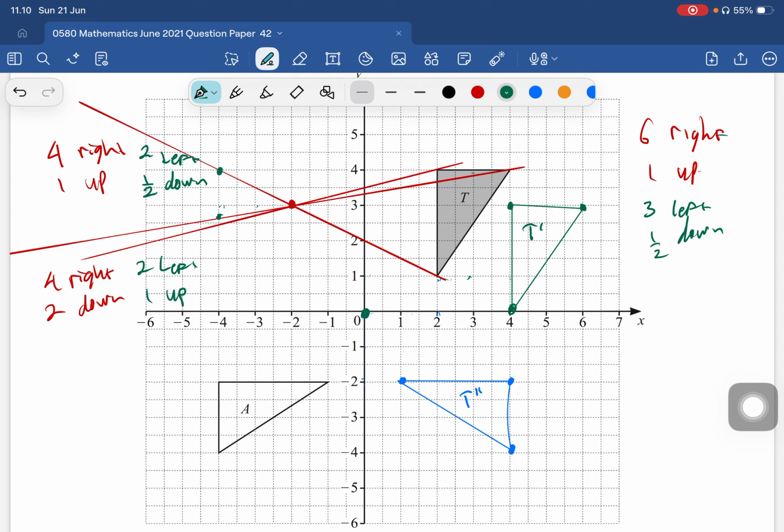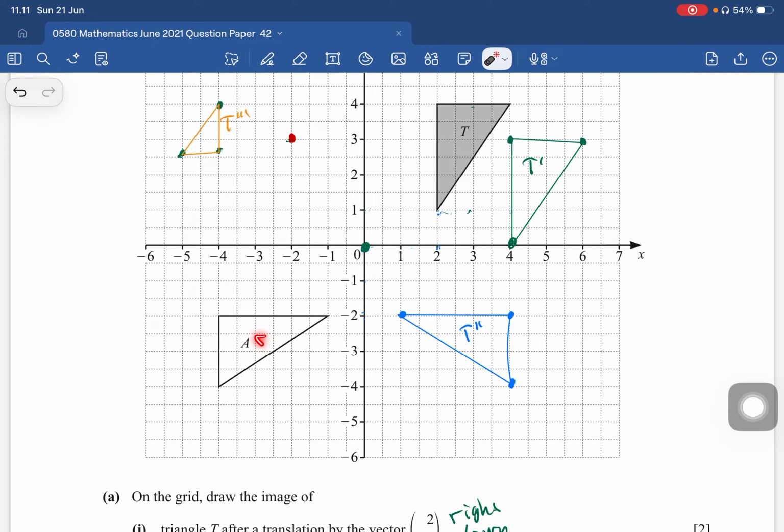Okay, part (b), let us describe fully the single transformation that maps triangle T onto triangle A. So here it is, A to T. So the sides are equal, so this is not enlargement. Okay, it's not moving also, so not translation. So here we got a reflection. Look at this point.